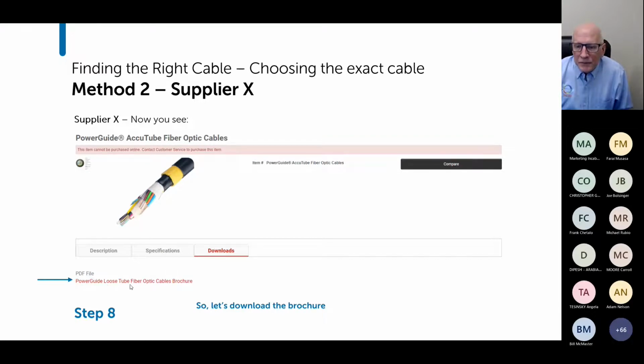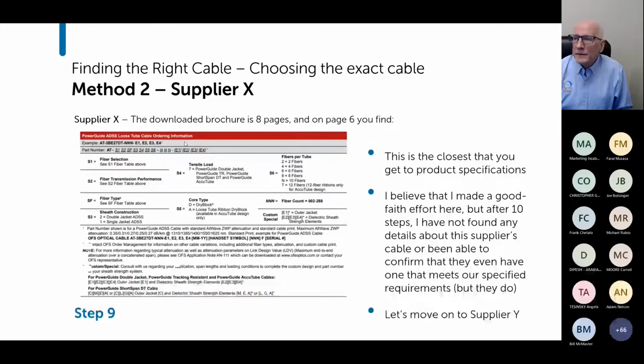Power Guide Loose Tube Fiber Optic Cables brochure. So I downloaded the brochure and I got this. I got an 8-page brochure, and on page 6, I found Power Guide ADSS loose tube cable ordering information. Now, this was the closest that I found to product specifications.